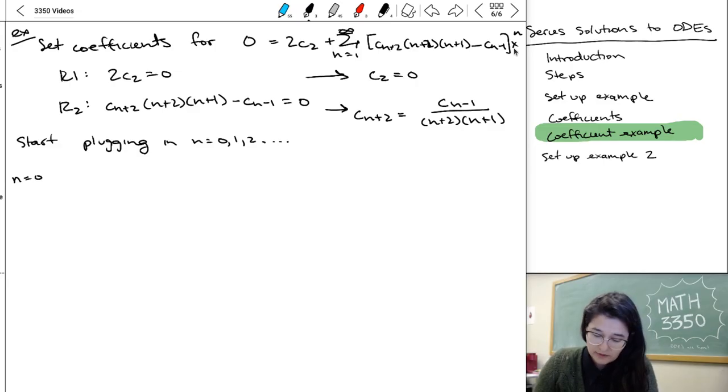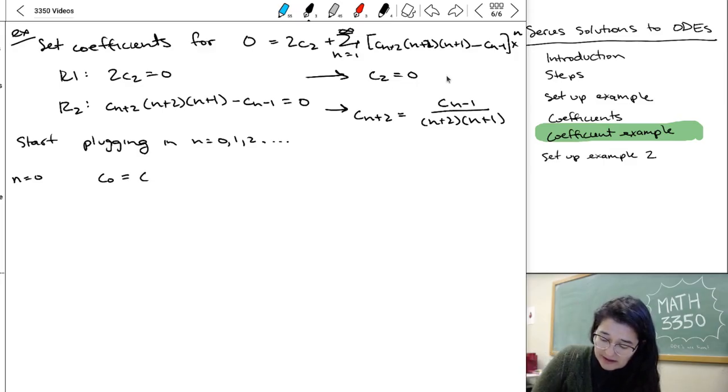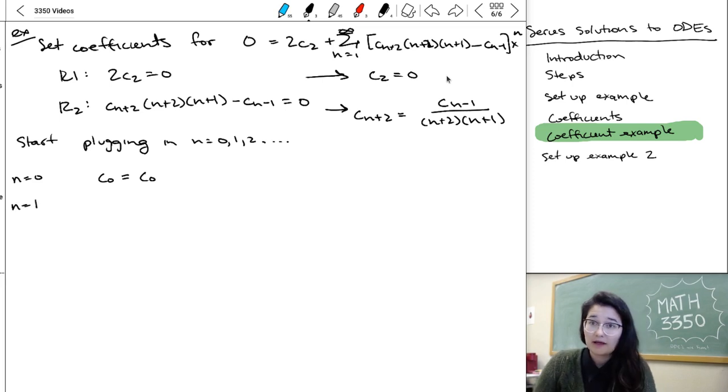So then for n equals 0, I'm trying to find C0, but this one requires that I knew something beforehand, a C before me, and this one only tells me about C2. So this is one of those cases where I say, okay, I guess C0 is just C0. And then I can go ahead and keep going.